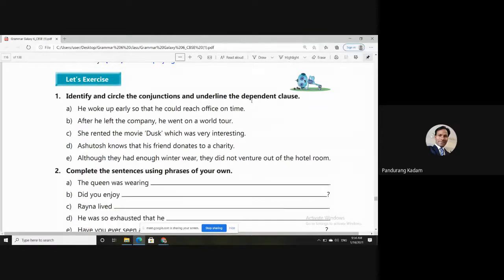Yes, in the D sentence, the word that is the conjunction. Ashutosh knows that his friends donate to a charity. So here in the sentence, Ashutosh knows is the main clause, and that his friends donate to a charity is the subordinate clause. Very good. Last sentence.